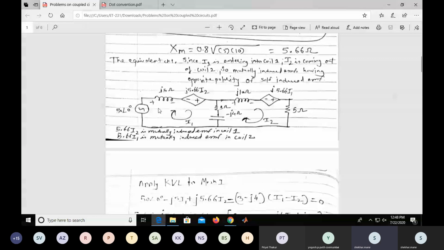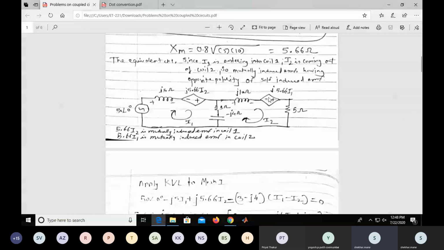Similarly, in the case of mesh 2, you can see the polarities are different, positive, negative, then negative, positive.